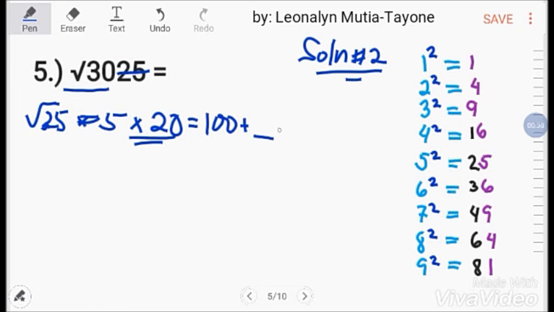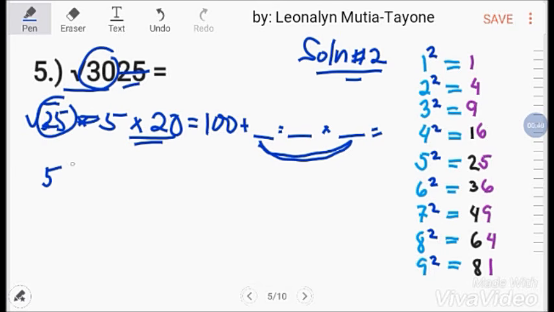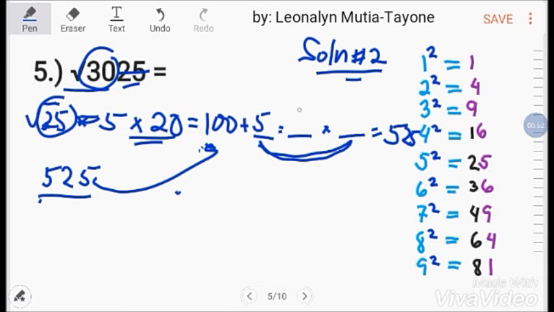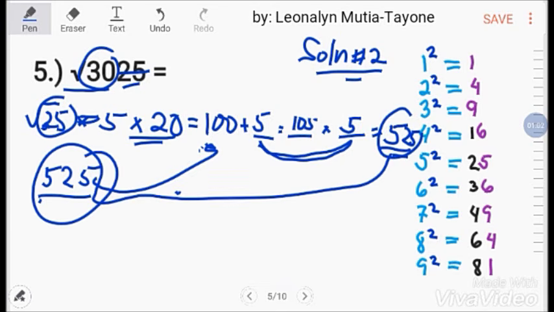Hanapan natin yung pang-add at pang-multiply na dapat pareho siya, tapos equal siya sa 30 minus 25, that is 5. Tapos ibaba mo yung 25 na maging equal siya ng 525. 525 divided by 100, that is 5. So, mag-add ka ng 5 dito, 105. At i-multiply mo siya ng 5. And the answer is 525. Pareho na siya. Meaning, ang answer natin dito ay 5.